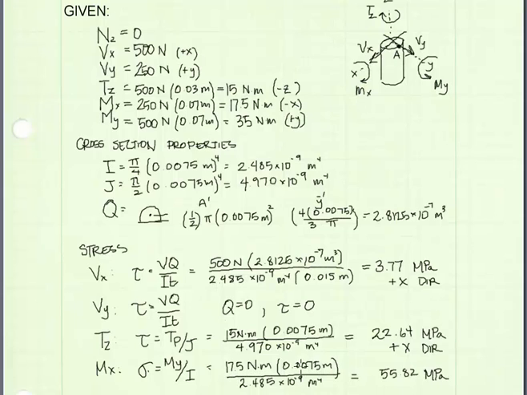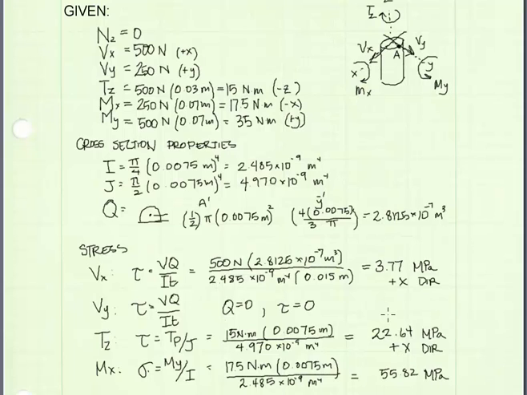Y is the distance from the neutral axis to point A. We can see in our cross section the neutral axis in this case would be the x-axis, and the distance from the neutral axis would be the radius from the centroid of the cross section to point A. So that's 7.5 millimeters divided by the moment of inertia. We get the stress, 55.82 megapascals.